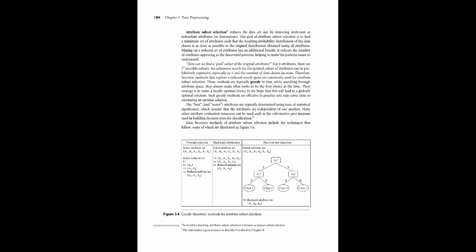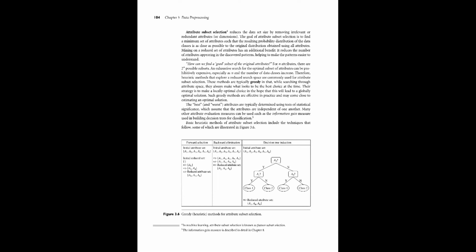The procedure starts with an empty set of attributes as the reduced set. The best of the original attributes is determined and added to the reduced set. At each subsequent iteration or step, the best of the remaining original attributes is added to the set.